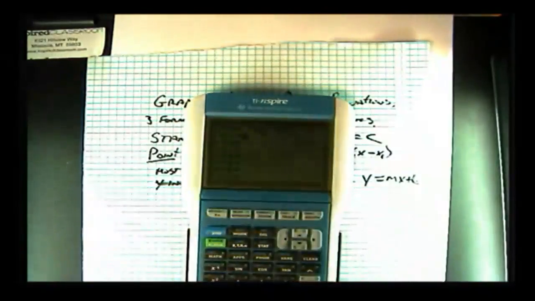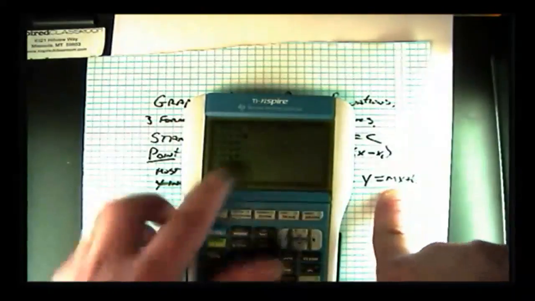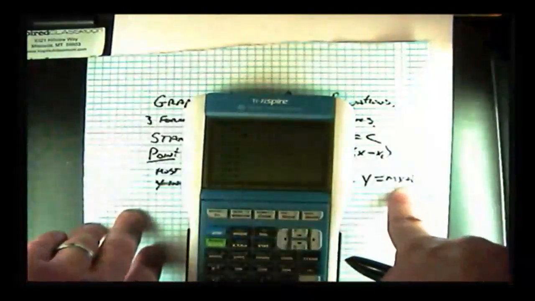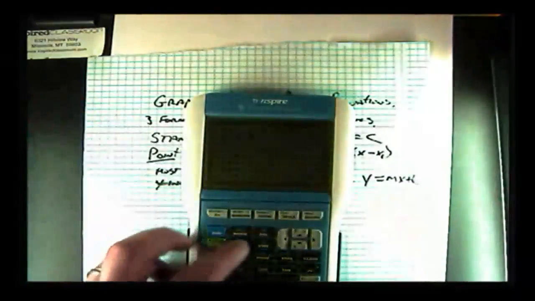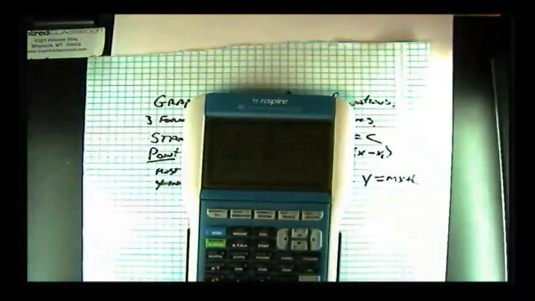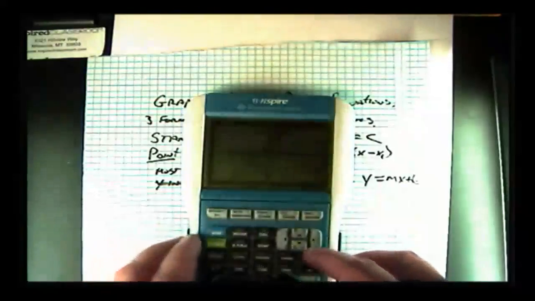So our calculator is set up for this already. It's already set up in the y equals mx plus b form, and so if we can manipulate these other two equations to y equals mx plus b, well then we can type them into our calculators and see them get graphed, like so. So this is why y equals mx plus b is so important.